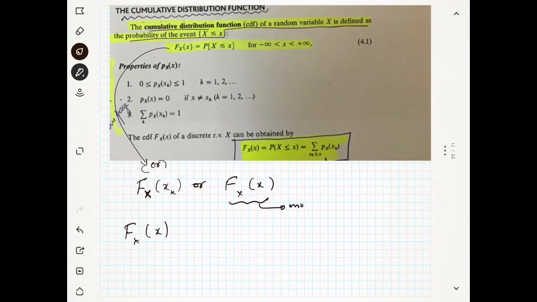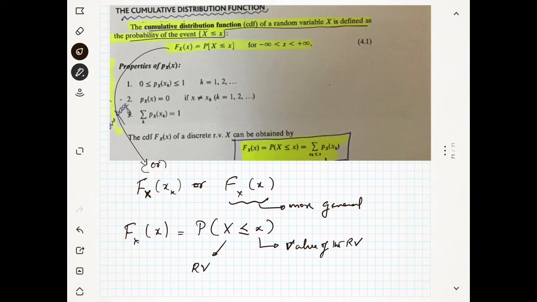FX of x is nothing but the probability that the random variable X takes a value less than or equal to small x. Small x is the value of the random variable, and X denotes in general the random variable. X can vary from minus infinity to plus infinity.